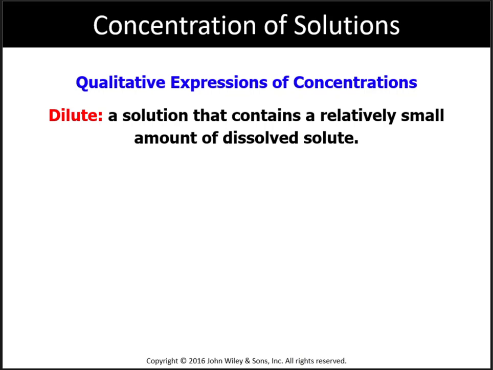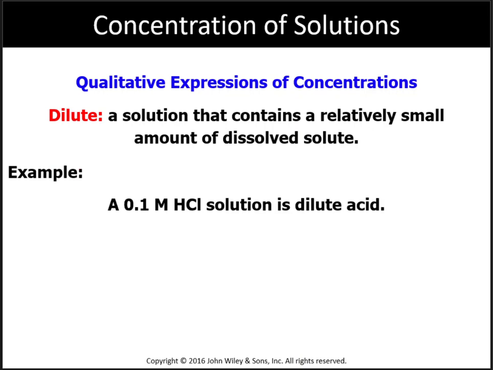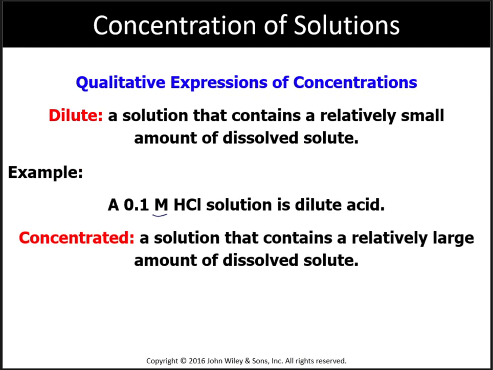One of the units that we use for the concentration of solutions is molarity. This capital M represents molarity, and I'll show you how we can find molarity. But for now, I just want you to look at the numbers here. A 0.1 molar hydrochloric acid is a dilute hydrochloric acid solution, because 0.1 is just a small number.